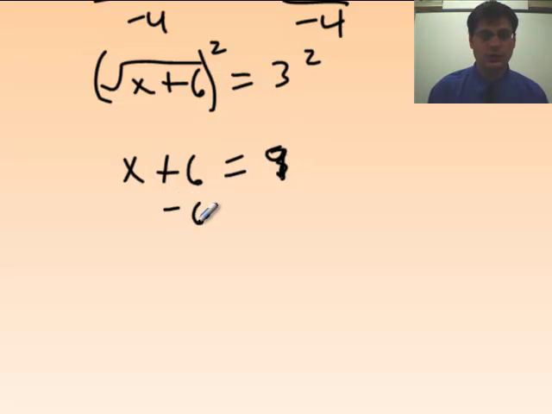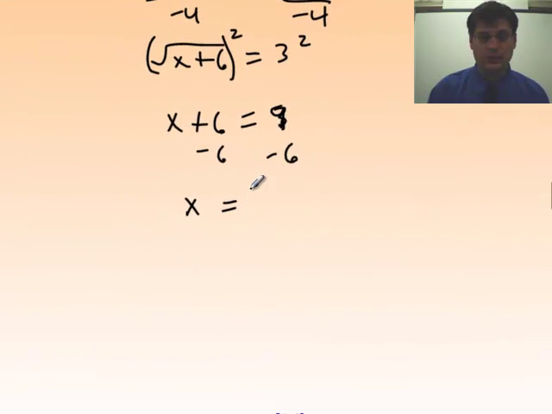Now I just subtract 6 on both sides, and I'll be left with x equals 3. So I'm set with just a single solution here, but I still want to check to make sure it is in fact a solution.